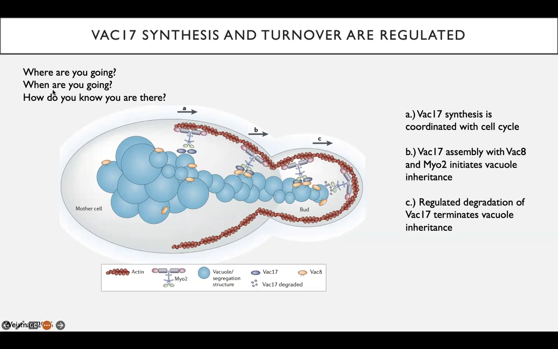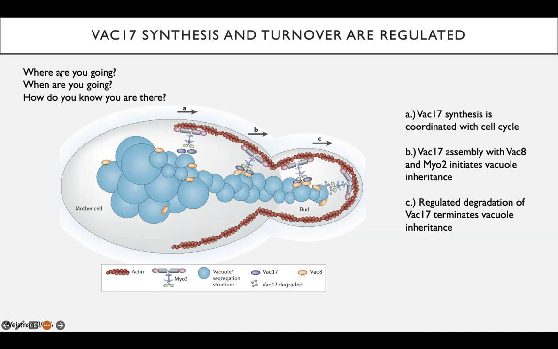Highlighting how this is a regulated adapter for this process, Vac17 starts to help address some of these questions of how the cell can time vacuole inheritance and also end it so that vacuoles end up in a daughter cell.